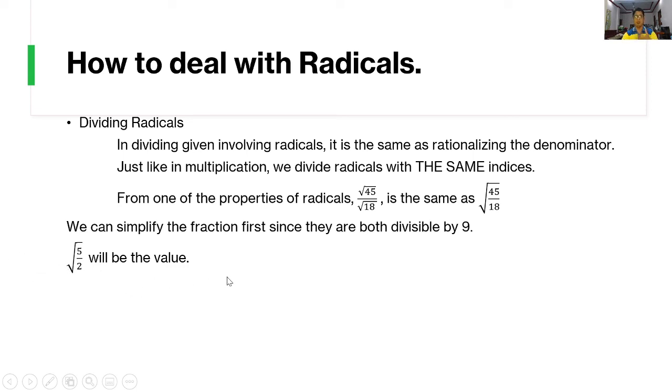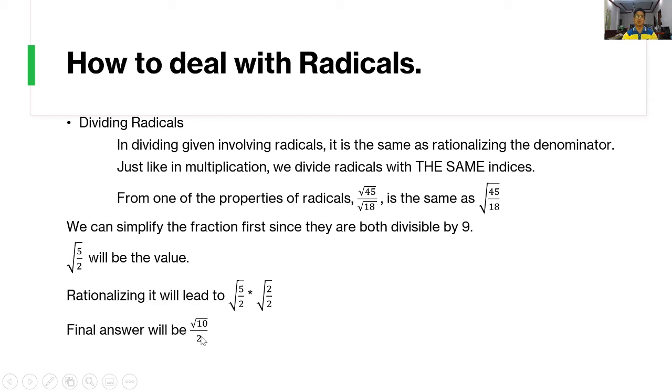Now, we will be rationalizing the denominator here. We multiply it by square root of 2 over square root of 2. Ngayon, dito, sir, ba't pinagsama mo? Para makita natin na pwede yan. This is also equal to 1. So, mawawala na po yung square natin sa 2. And 5 times 2 is 10. So, ang final na sagot po natin, square root of 10 over 2. Wala nang radical sa denominator po natin.